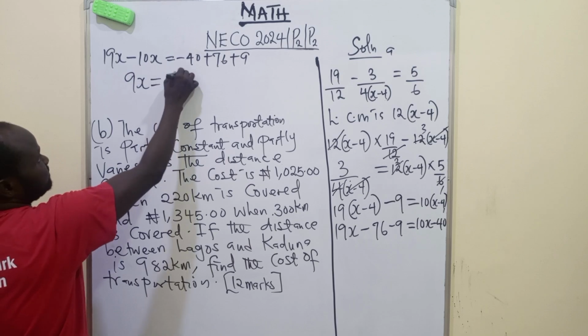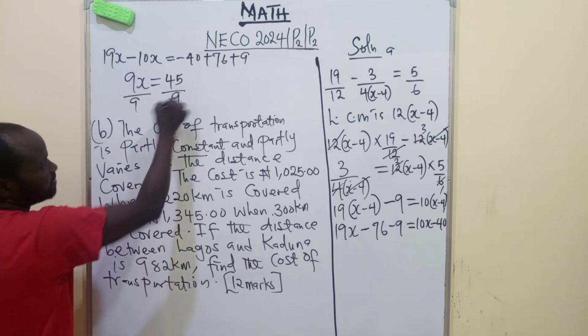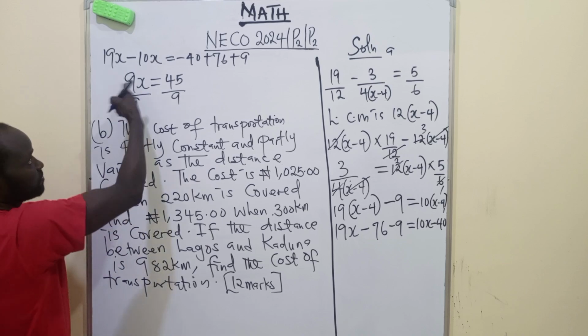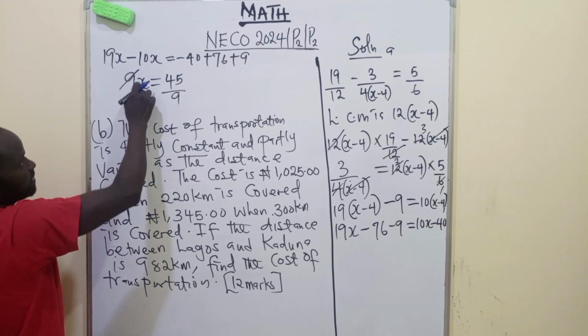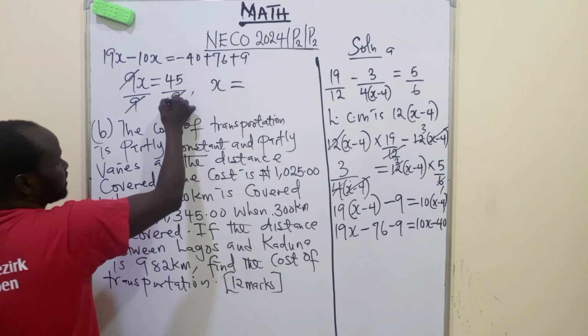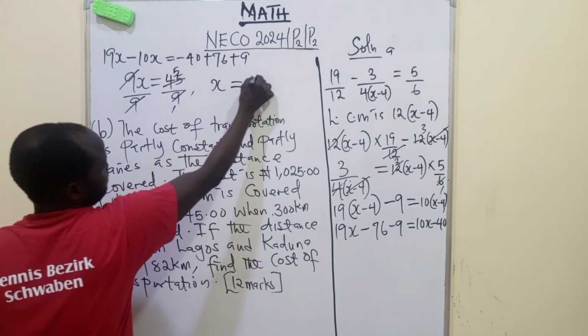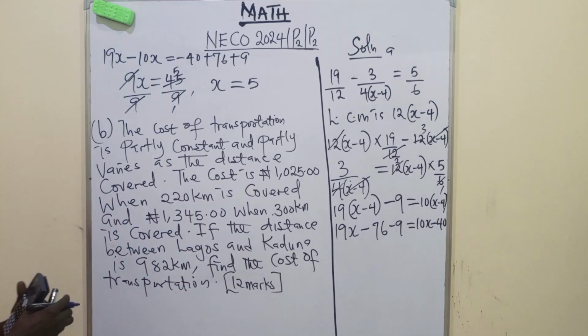I'll have 45. So at this point, we can divide both sides by the coefficient of x, and the coefficient of x is nothing but 9. So 9 divided 9 is, we're left with x, so therefore x will be equals to 9 into 45 is 5. So the value of x is 5.